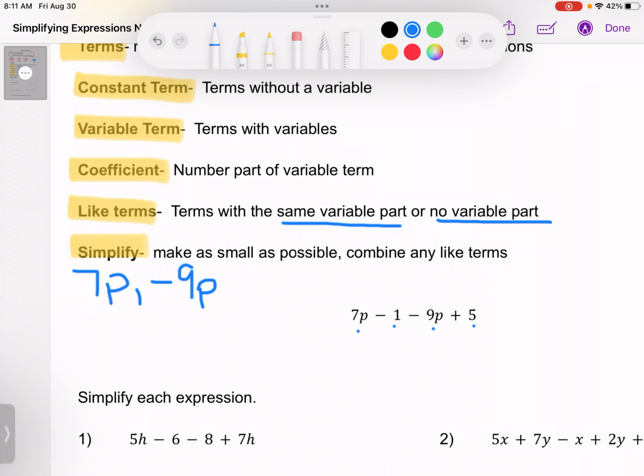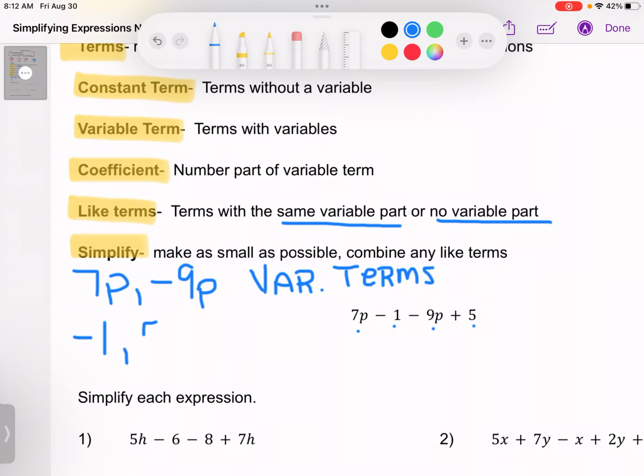Those are both considered variable terms because they have a variable, right? These would also be considered like terms because they both have the same variable part. They both have the p.